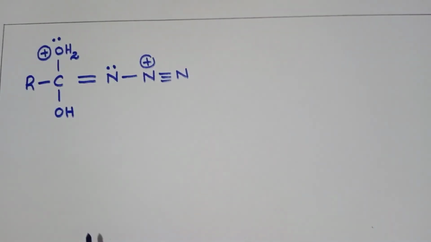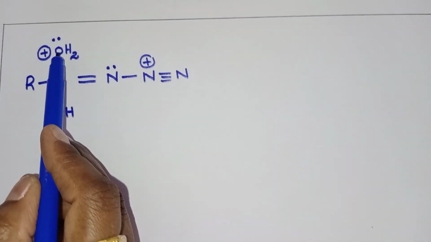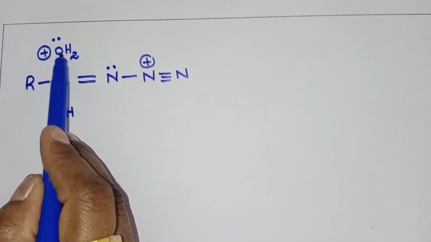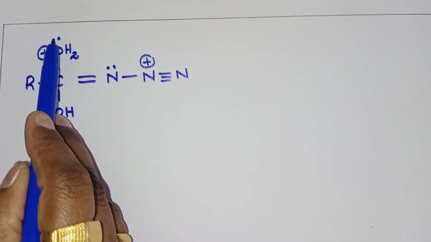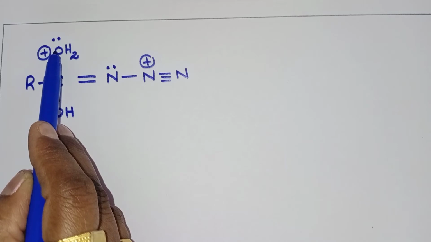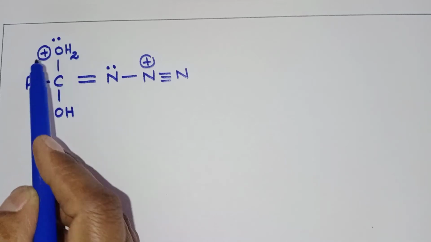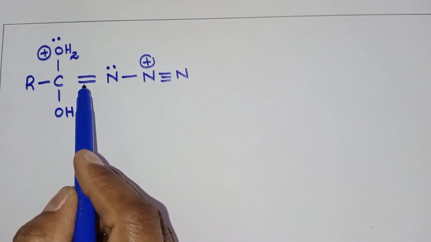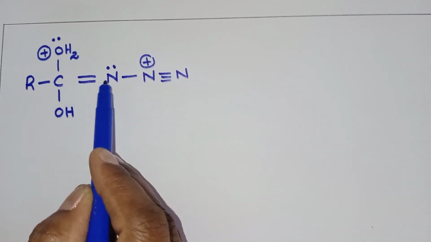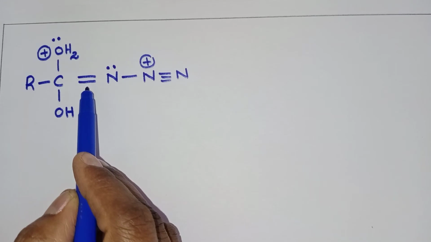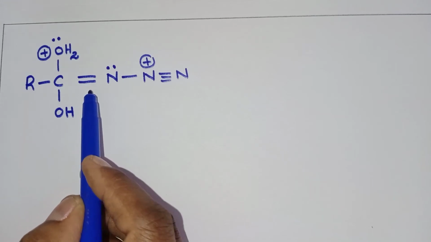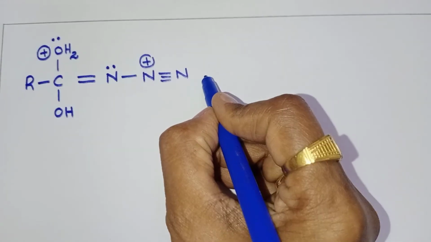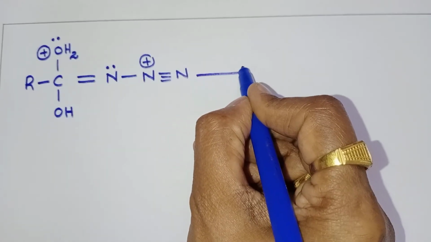Okay, students. As the hydrogen from nitrogen is taken up by this oxygen, here comes OH2 and one of its lone pairs is utilized in the bond formation between oxygen and hydrogen. It acquires a positive charge. Okay. Next, the bond between nitrogen and hydrogen is shifted this side. Hence, carbon and nitrogen will have a double bond between them now. Okay. So, now how will this positive charge be satisfied? Put an arrow over here.